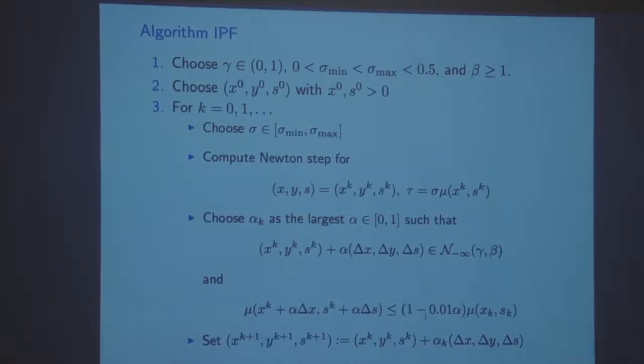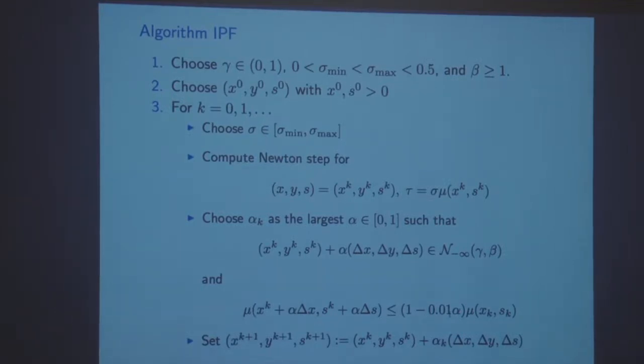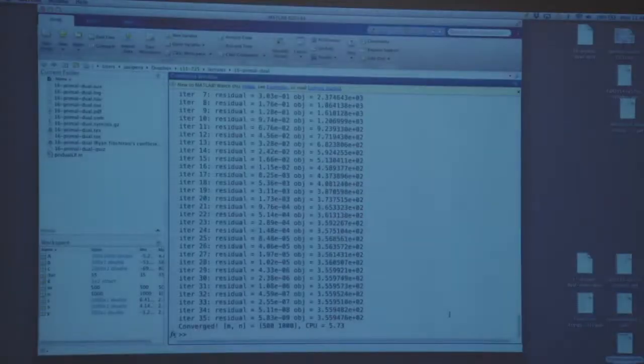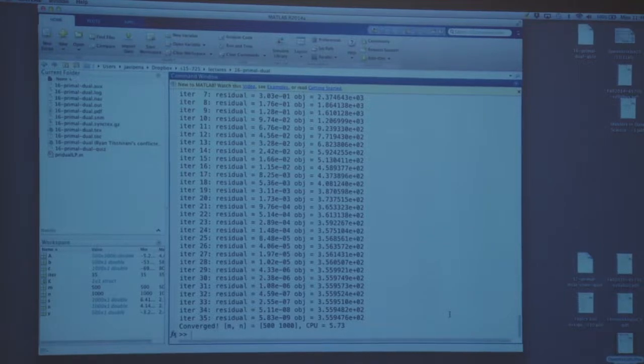If we wanted to be theoretically a little more sound, we could include an extra line in the algorithm that does some backtracking to do the line search to ensure that both of these conditions hold. But even without that, something that is remarkable about interior point methods is that in practice, they work actually a lot faster than what in theory they're predicted to work.